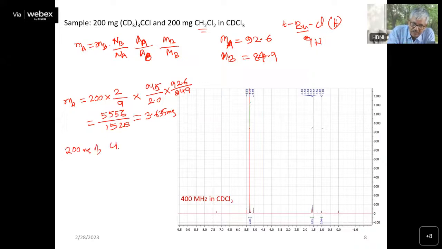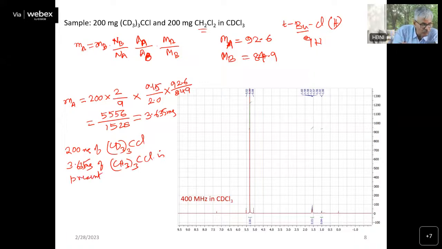So in 200 milligram of CD3 whole thrice CCl, let us say 3.635 milligram of CH3 whole thrice CCl is present. Okay, so what is the isotopic purity?